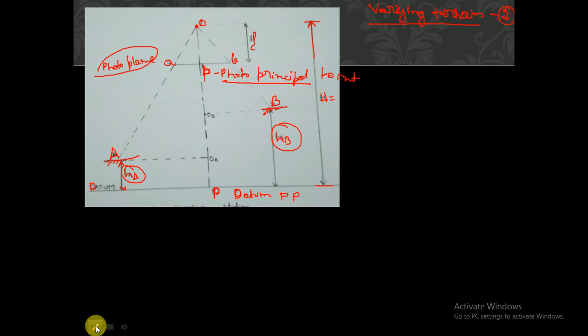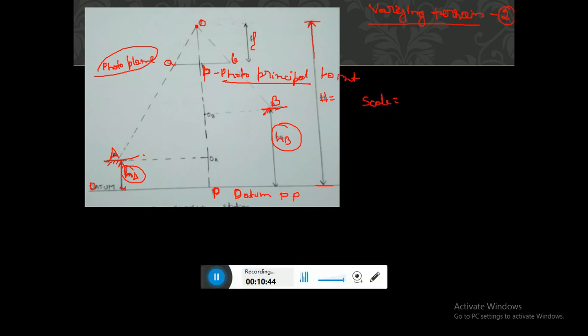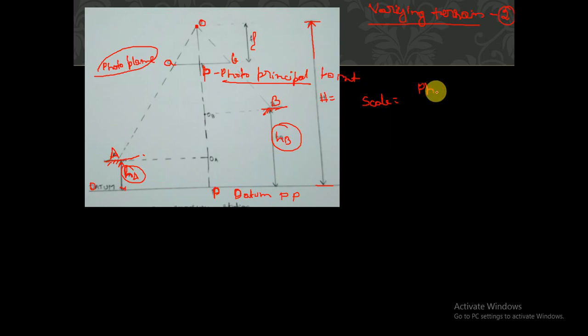Yes, we'll start the derivation. Everything is the same, only the extra parameters added here are h A and h B, and the varying ground surface. So of course, what is scale? Scale is equal to photo distance divided by ground distance, right?